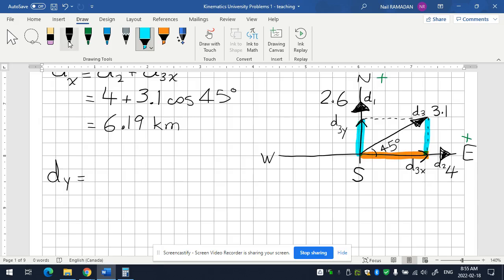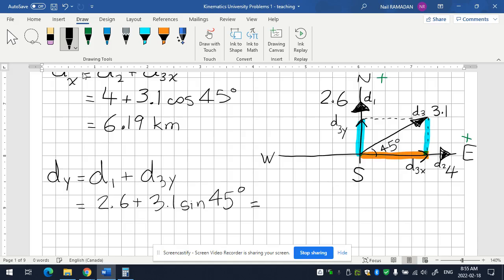Okay, so dy equals d1 plus, because both of them are pointing together in the positive direction, d3y. D1 is what? D1 is 2.6 plus, what's d3y? It would be 3.1 sine of 45.